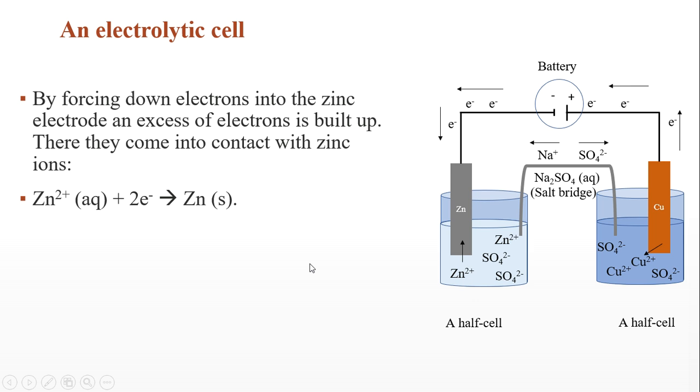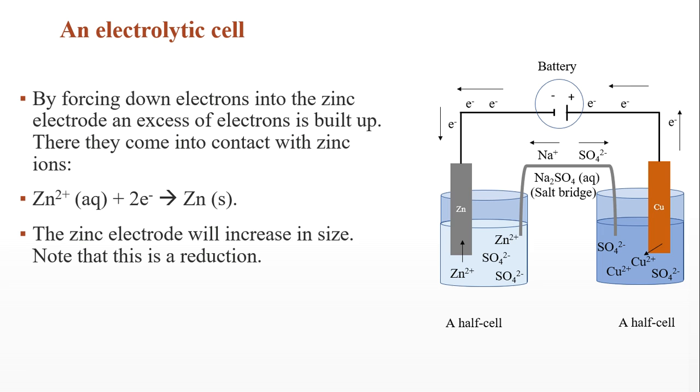And when zinc ions come into contact with electrons like this, we form solid zinc. That means that this electrode will increase in size and mass, of course. And this is a reduction. We have something gaining electrons. This is quite the opposite of the same setup for a voltaic cell, where zinc was oxidized instead.